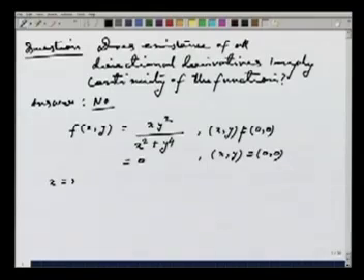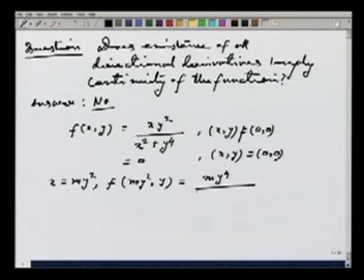So what I do is I approach (0, 0) through the path x equal to m y square. If I do that, then f of (m y square, y) turns out to be m y square times y square, that is m y to the power 4, divided by x square, that means m square y to the power 4, plus y to the power 4, which is m by 1 plus m square.